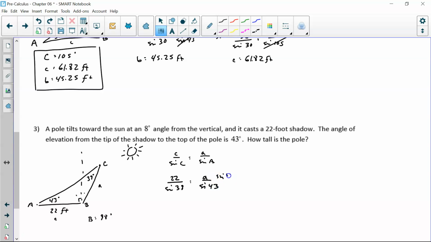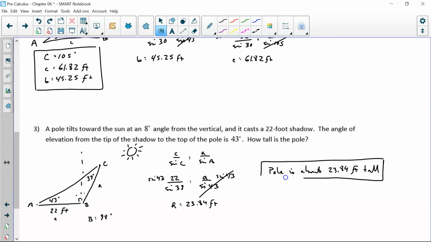Multiply both sides by the sine of 43. A equals 22 times the sine of 43 divided by the sine of 39. You're going to get about 23.84 feet. So the pole is about 23.84 feet tall. So almost 24 feet. If we were estimating, we'd say about 24 feet.